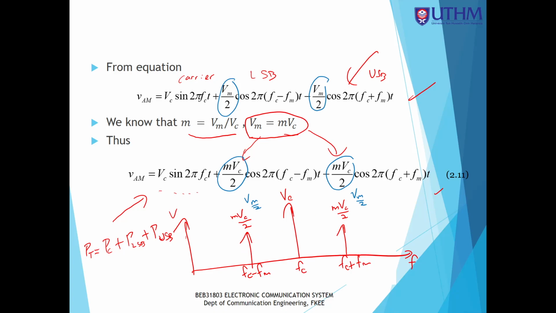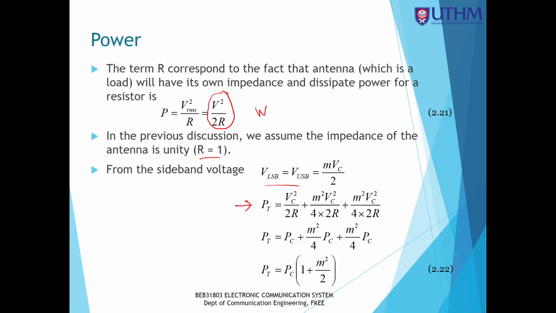Remember that: to calculate the total power, first define the equation. From there, you know how the spectrum looks, and you can calculate the power based on how many components are in the equation. So I go back to the slide.